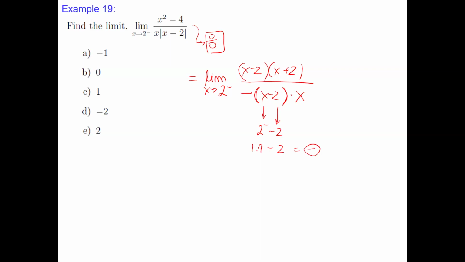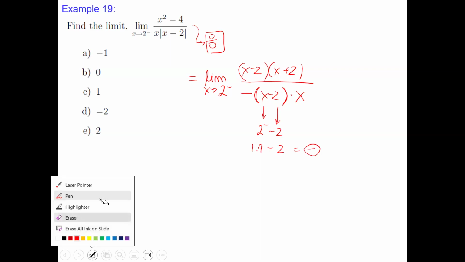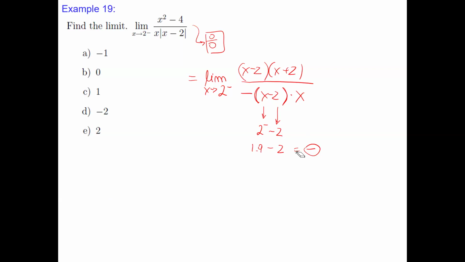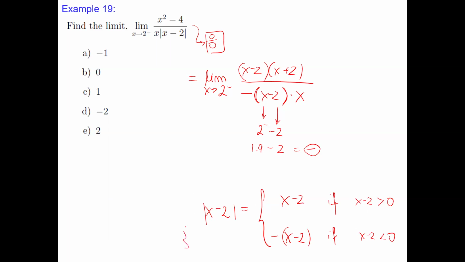Then we will put the negative. Yeah, because of this quantity, I can even say the absolute value of x minus 2 can be rewritten as x minus 2, or as negative (x minus 2), if this quantity is positive or if it is negative. This is just the definition.